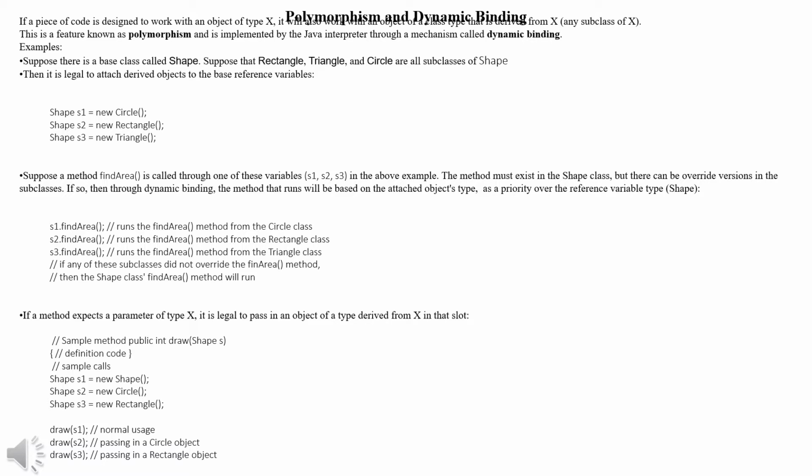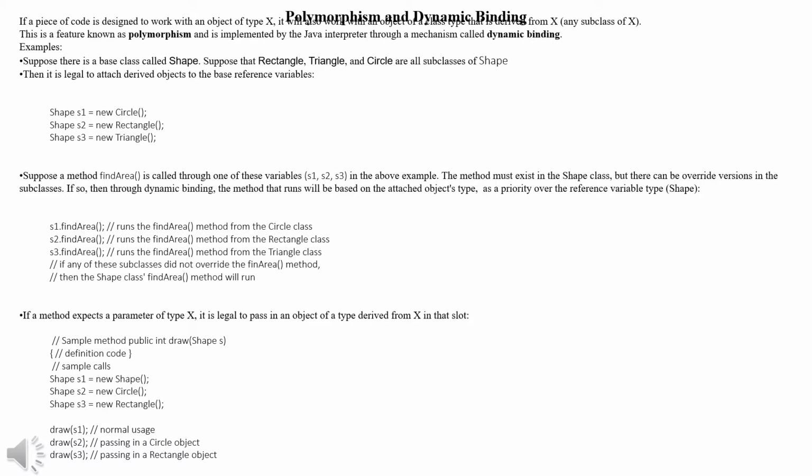Since this method exists in the Shape class, even if it is an overridden method in Circle, Rectangle, or Triangle, we can call this method through dynamic binding.